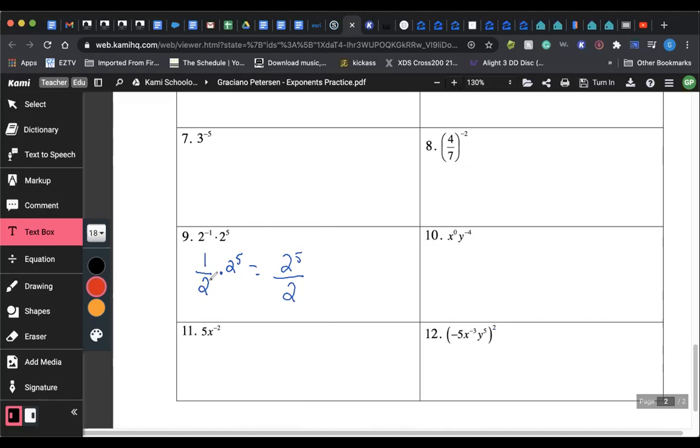Let me not erase that 1 yet. Let's keep the 1, because it's going to help me to see that I can still simplify this again using my quotient rule. So it's going to be 5 minus 1, which gives me 4. So my answer is 2 to the 4th. And we can go ahead and work that out. It's just going to be 2 times 2 times 2 times 2, which is what? 16. 2 times 2 is 4, 4 times 2 is 8, 8 times 2 is 16. Perfect.